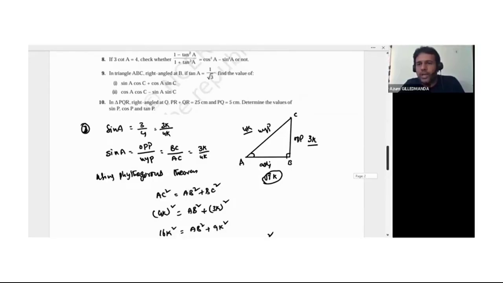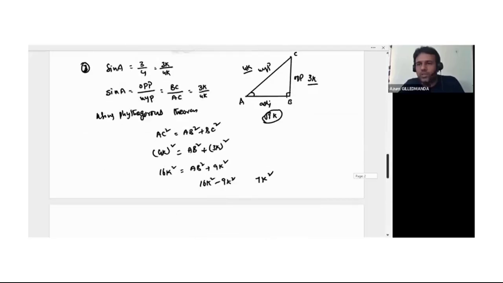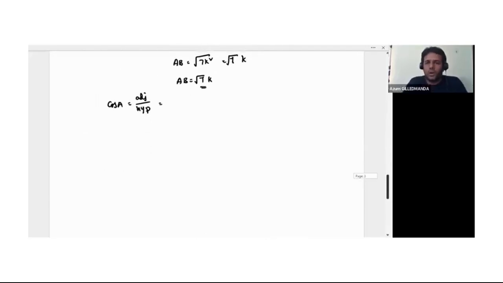AB by AC. AC, anyways, we know it is 4K. So cos A is AB by AC, where AB is root 7K by AC is 4K. So K is a constant, the same factor, so we can cut it. So the answer for cos A is root 7 by 4.